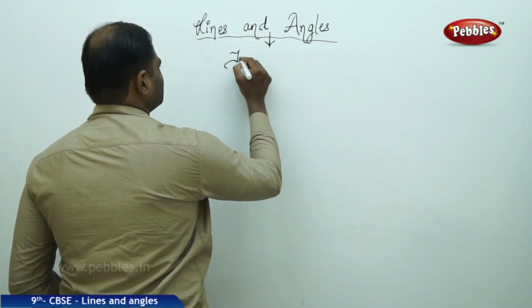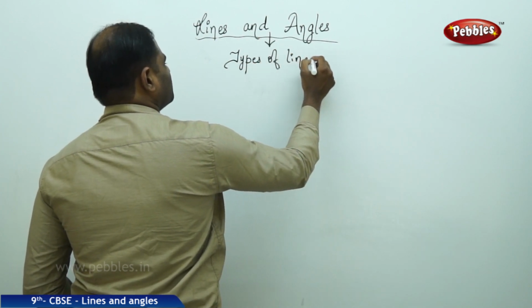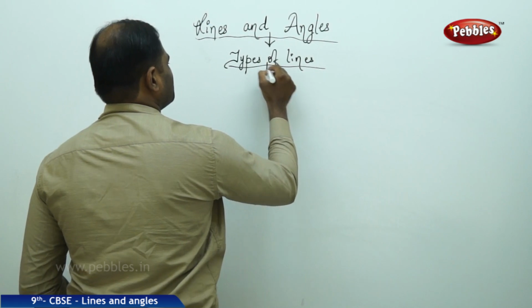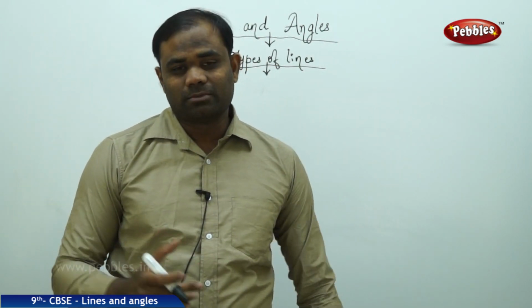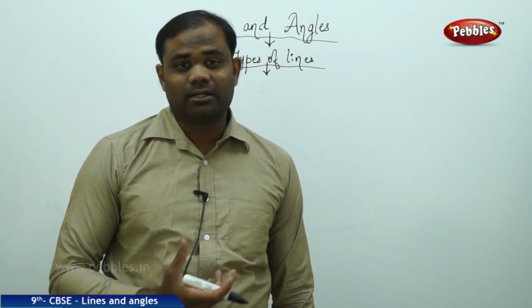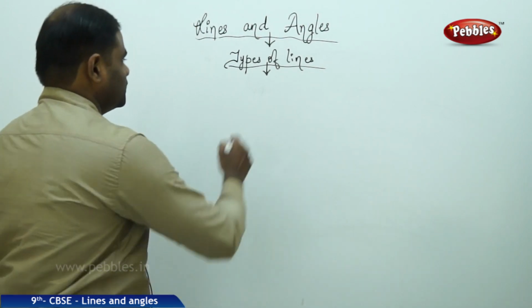So here I have types of lines. When I take two lines, there are different possible ways in which I can understand the geometry of the lines. Initially, let me come with the first case.